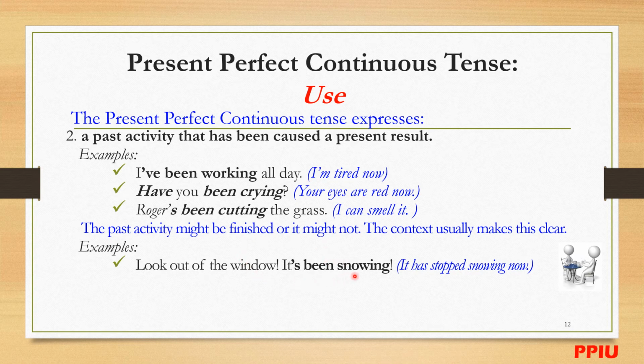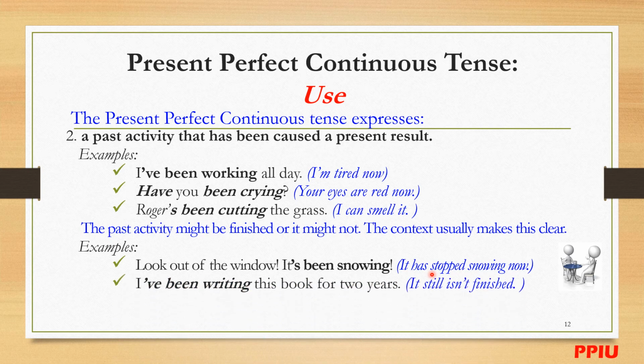Since you can see the snow on the grass or on the surface of things, you can recognize it has been snowing, but right now it's finished. You cannot see it falling from the sky, but you see the substance on the surface of the grass or the tree.